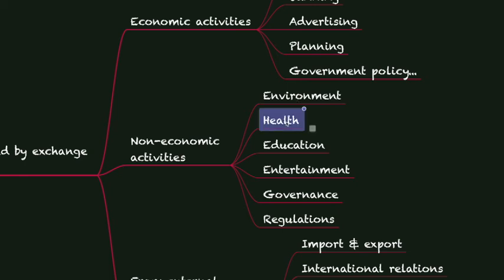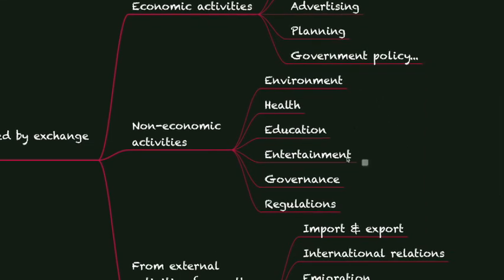Let's consider health. What's happening now? We are under pandemic lockdown. COVID-19 has been spreading throughout the world, and it has been affecting all the major economic activities in countries throughout the world. So this is how health related aspects of human beings affect economic activities.